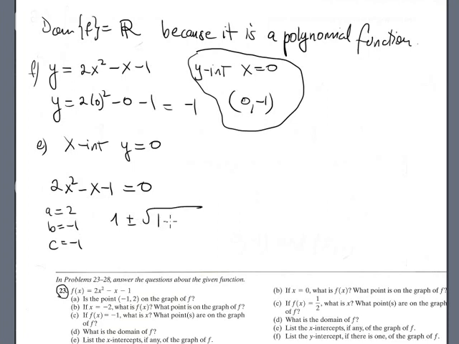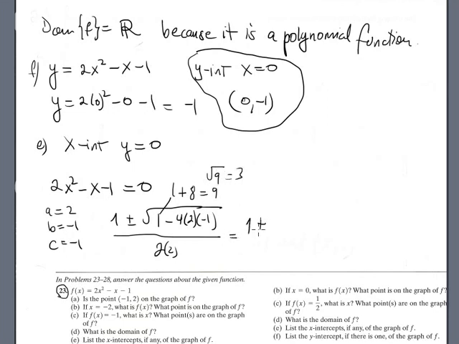(-1) squared is 1, minus 4 multiplied by 2 multiplied by -1, all divided by 2 times 2, which is 4. Inside the square root we have 1 plus, double minus is plus, 8 is 9. Square root of 9 is 3. So we have so far 1 plus or minus 3 over 4.